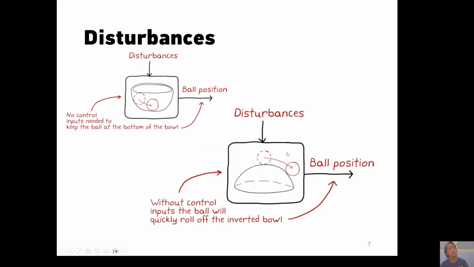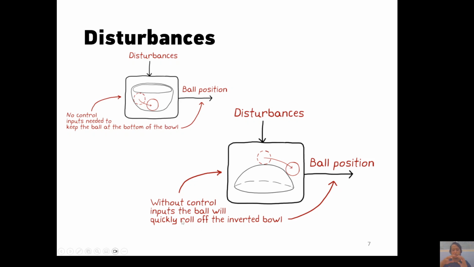What are disturbances? For example, if I want to put a ball inside a bowl, and the bowl is not inverted, then I don't need any control system, because gravity will keep the ball inside and in the center of the bowl.